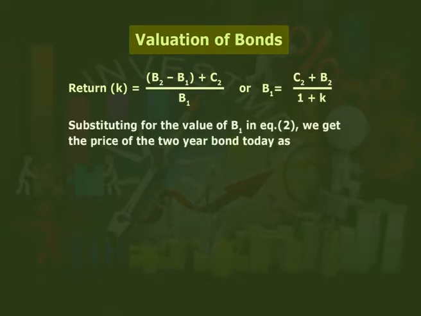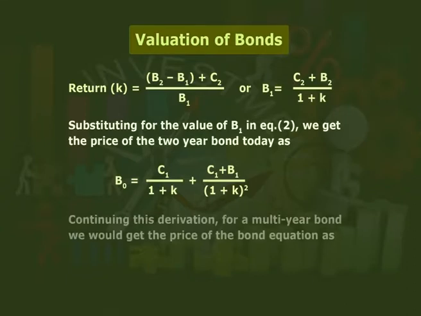Substituting for the value of B1 in equation 2, we get the price of the 2-year bond today as B0 = C1 / (1 + K) + (C2 + B2) / (1 + K)^2.